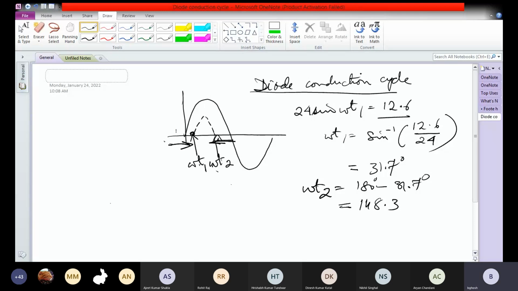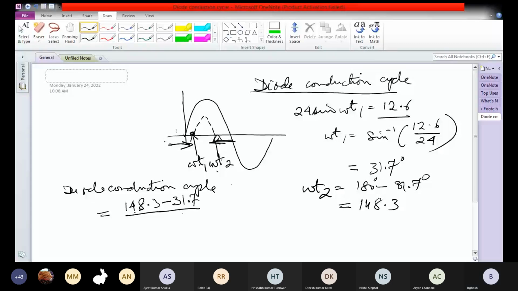So therefore the percentage time of the diode conduction cycle will be 148.3 minus 31.7, that is omega t2 minus omega t1, divided by 360, the entire cycle from here to here.